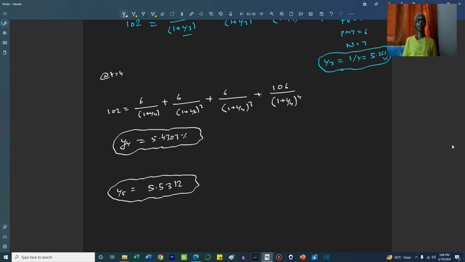Now, here the lowest yield is Y3 and the highest yield is Y5, 5.5312. The lowest yield here is called the yield to worst. This means that the yield to the investor will be lowest if the bond is called at t is equal to 3.